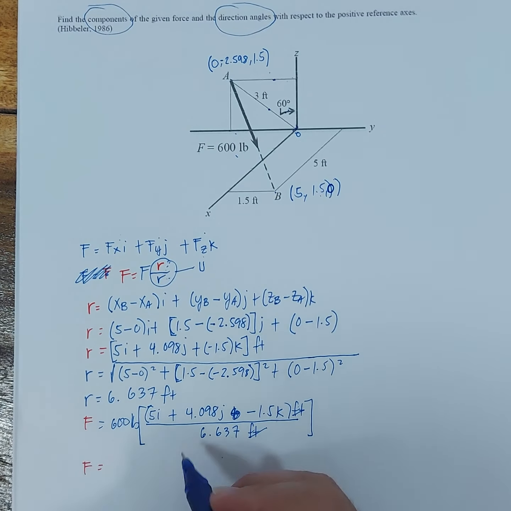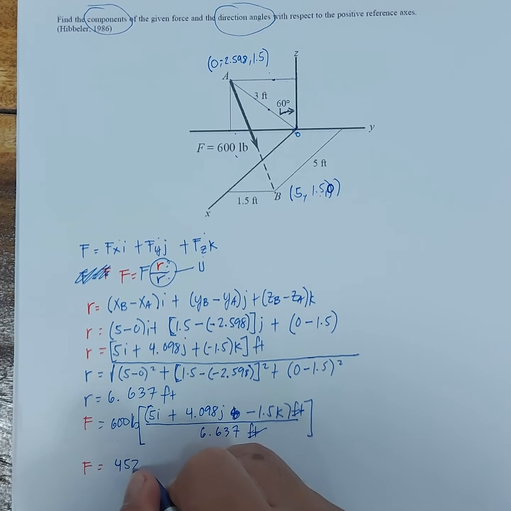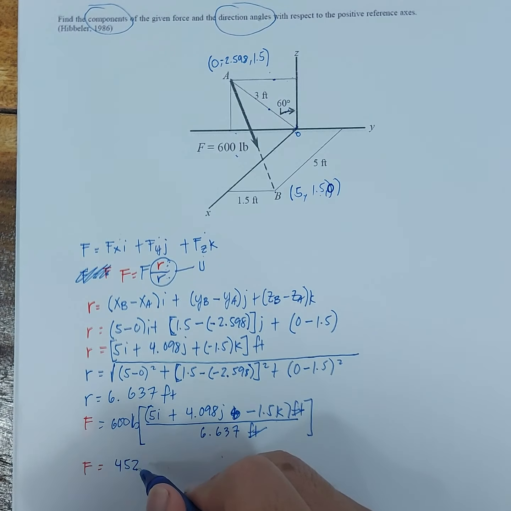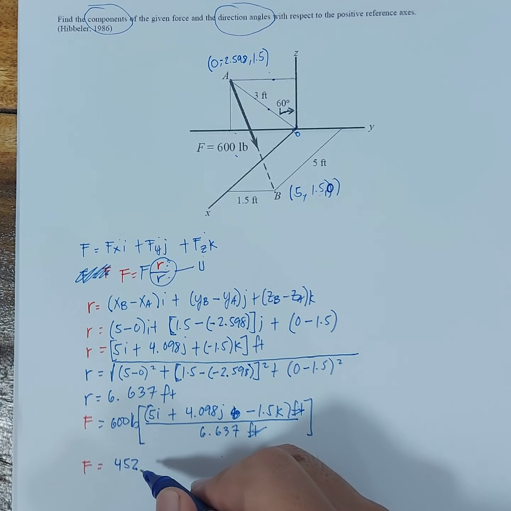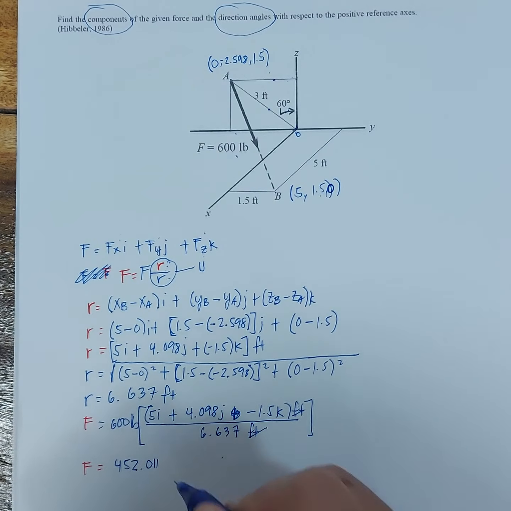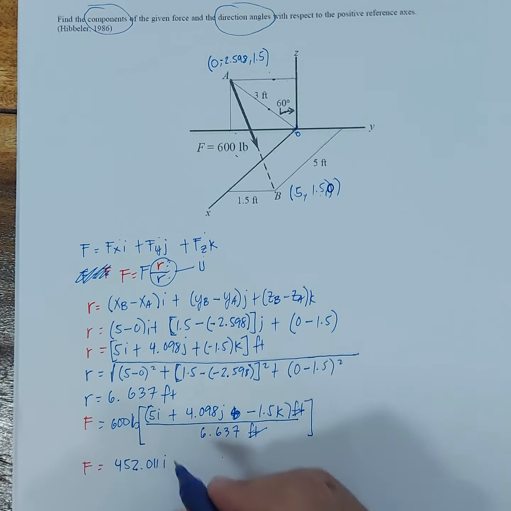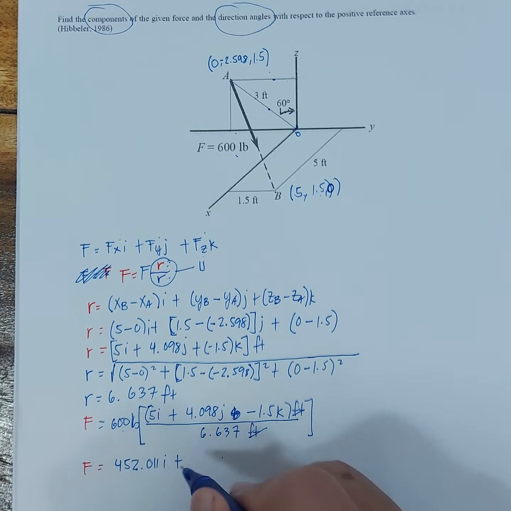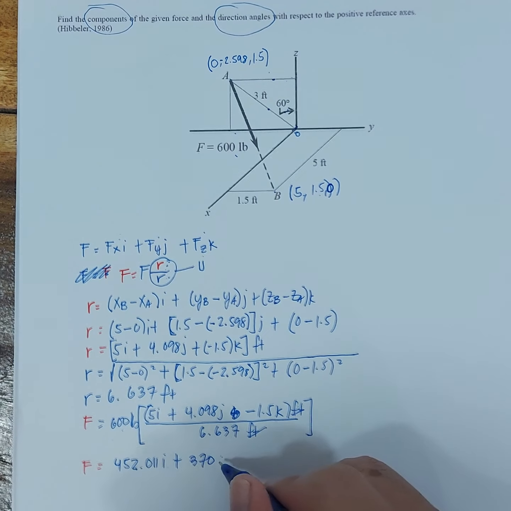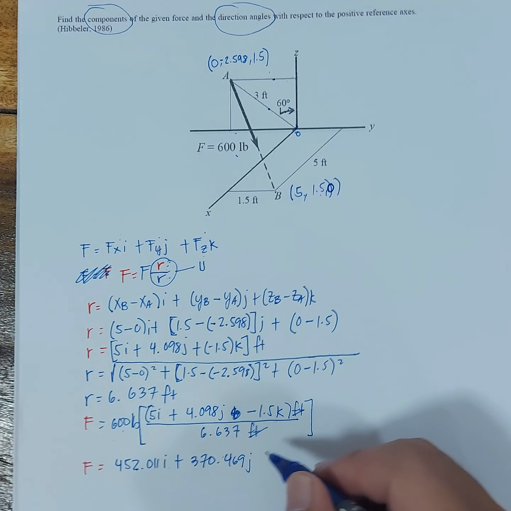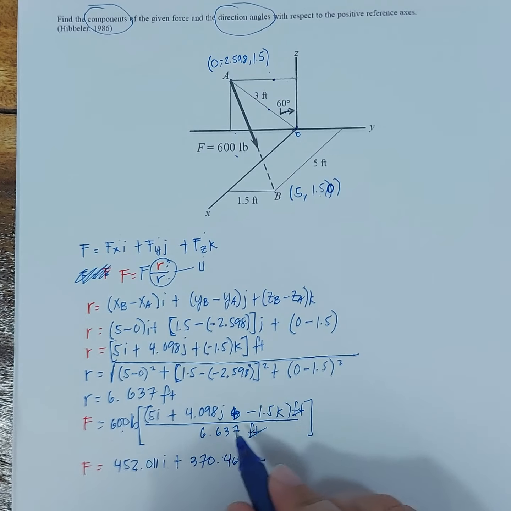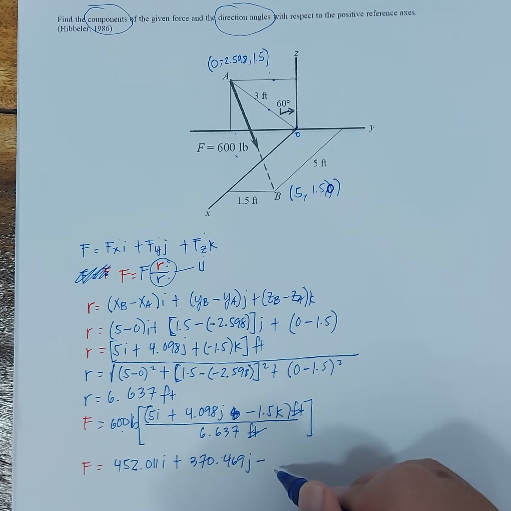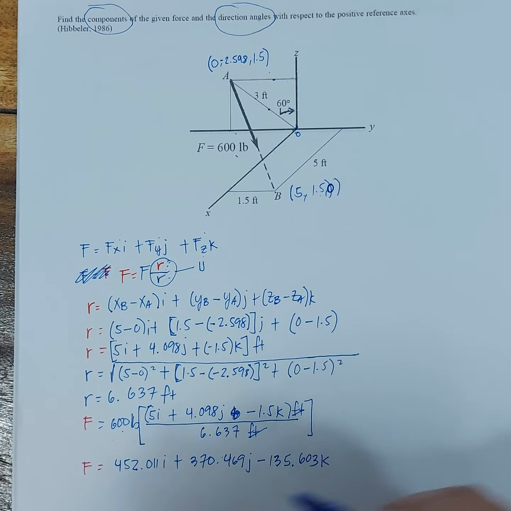For the x component, we have 452.011 i, plus 600 times 4.098 over 6.637, that is 370.469 j, minus 600 times 1.5 divided by 6.637, it would be 135.603 k. Okay. All of these are in pounds.